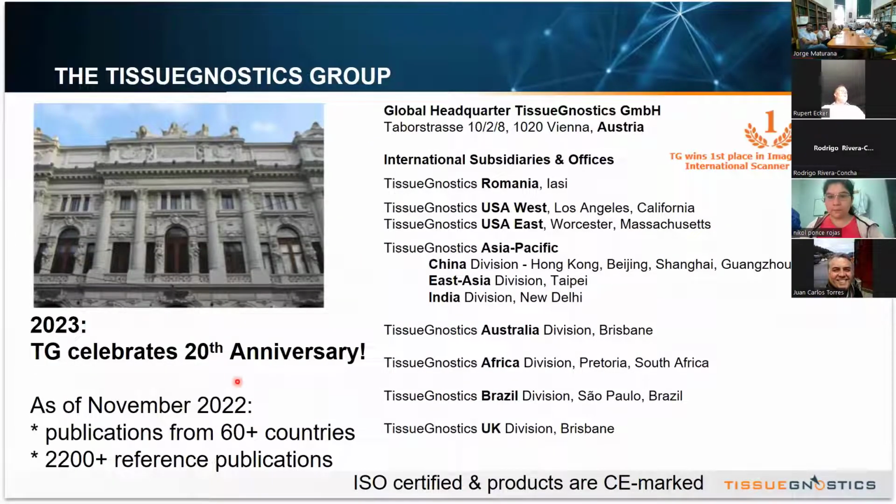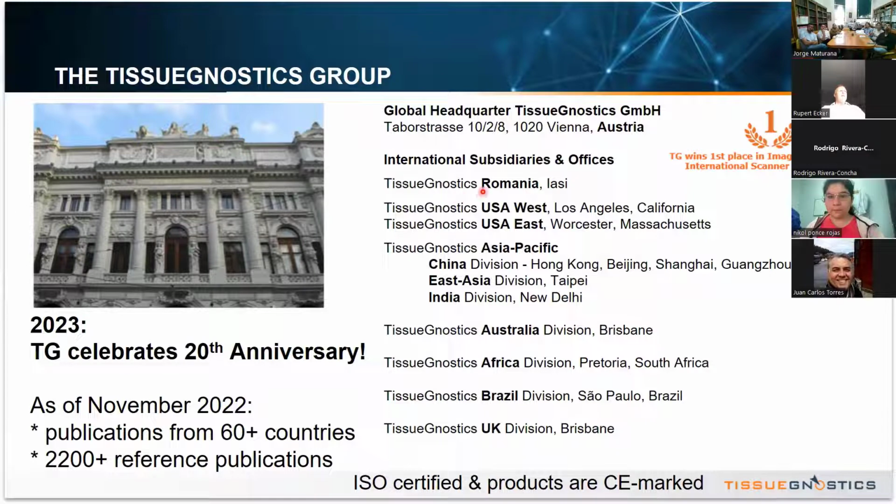Professor Henning mentioned it already. The company was founded in 2003. That means next year we will celebrate our 20th anniversary. The global headquarters of my company, TissueGnostics, is still located at the place where it was founded in Vienna, in Austria, in Europe, in this beautiful building from 1890.